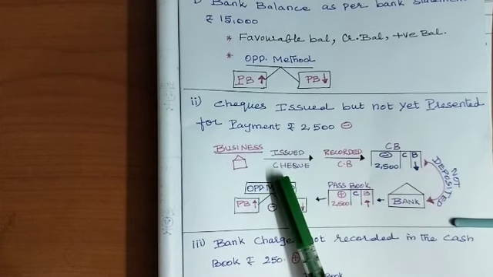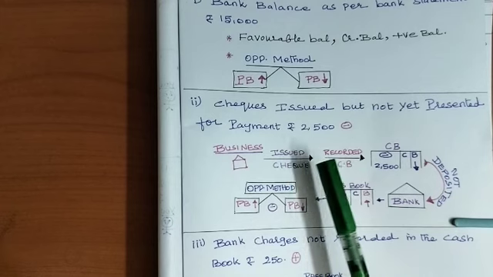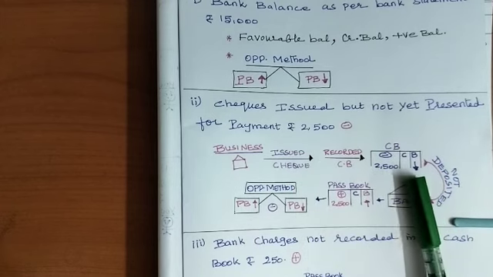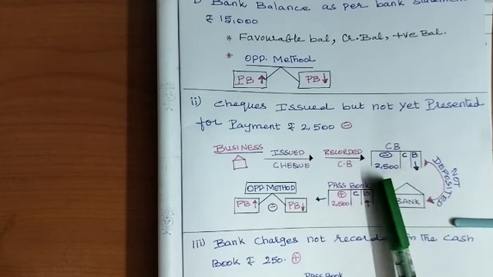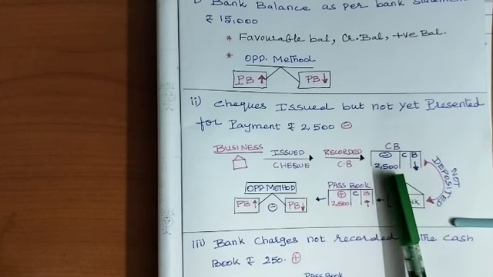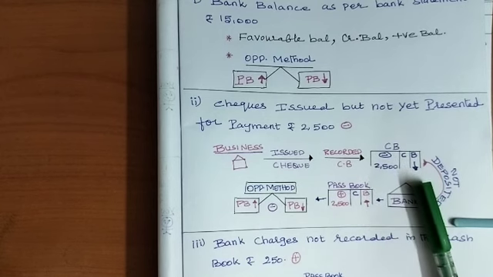That means you paid cash through check. How much? 2,500 rupees subtracted from your cash book. Your cash book will be credited, 2,500 rupees credited in your cash book. So your cash book will be decreased, right?